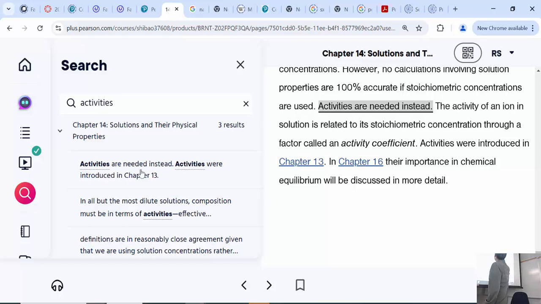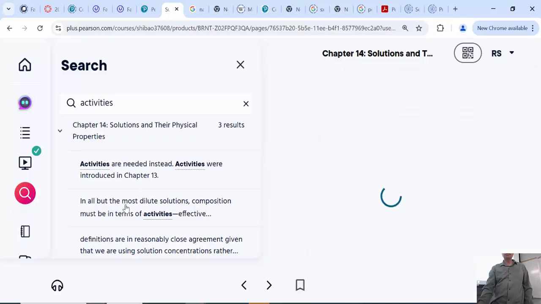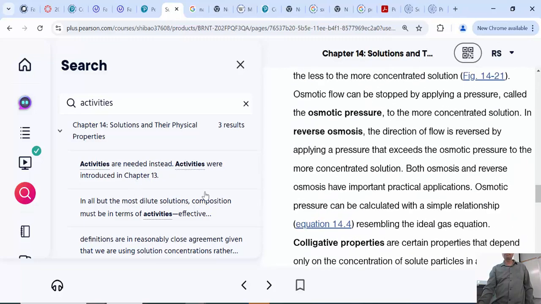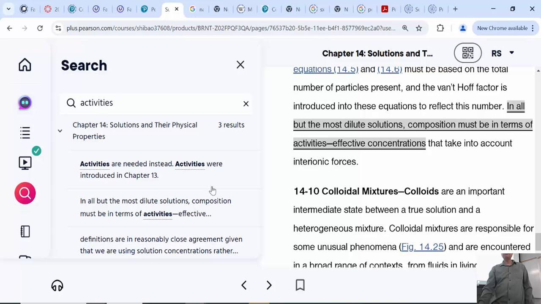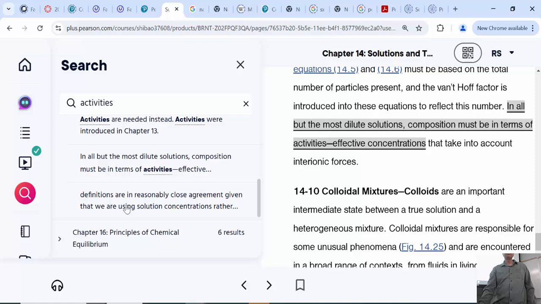Activities are needed instead. However, no calculations involving solution properties are 100% accurate if stoichiometric concentrations are used. So they don't really talk about it there. In all but the most dilute solutions, composition must be in terms of activities, effective concentrations that take into account interionic forces. This is getting closer to what we want.